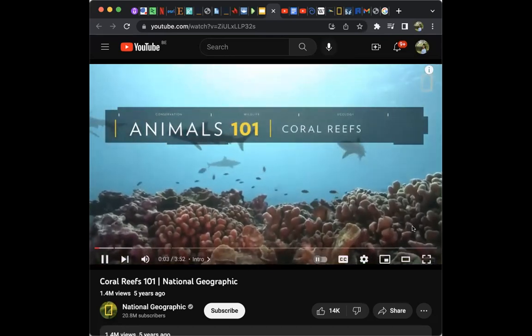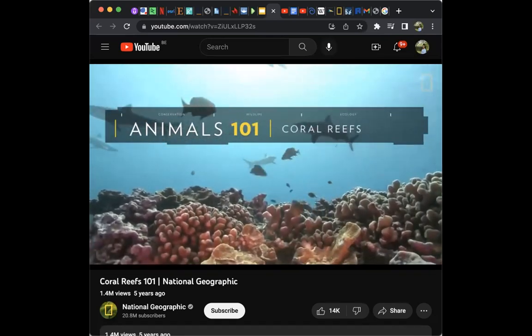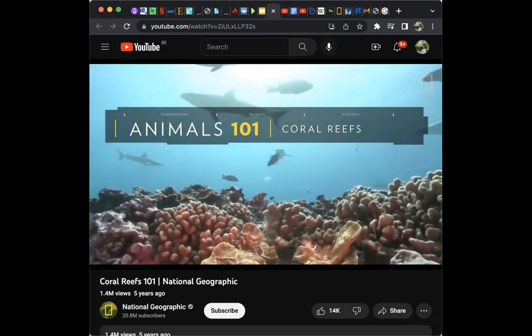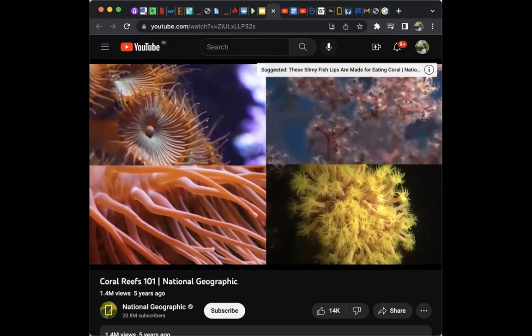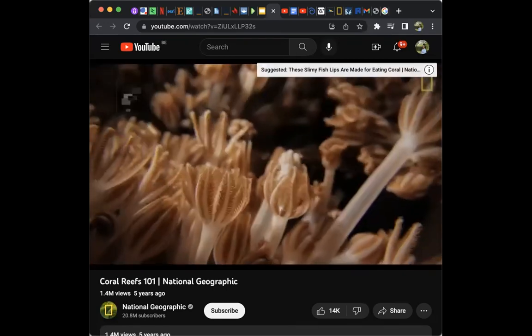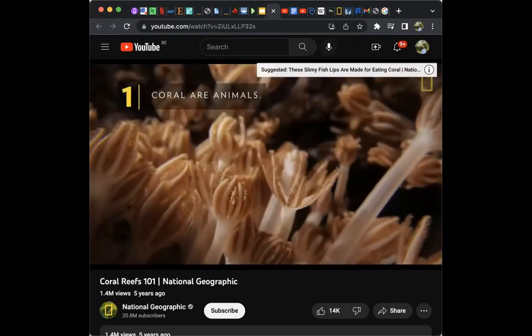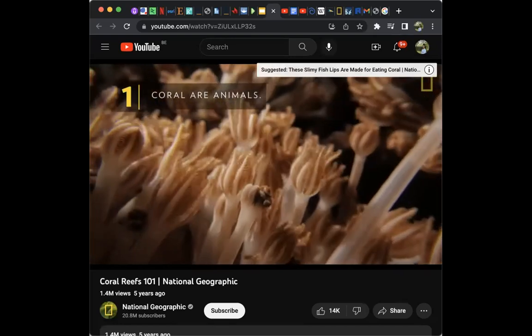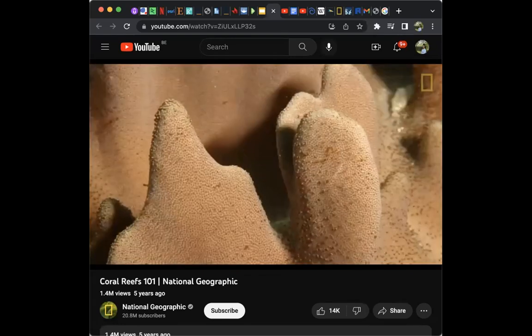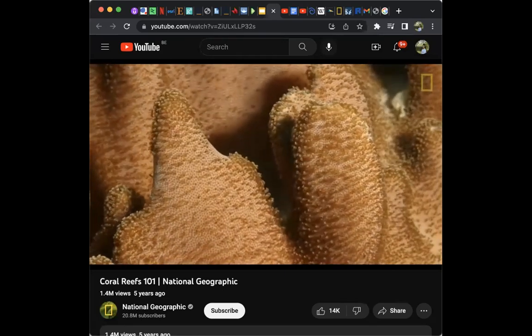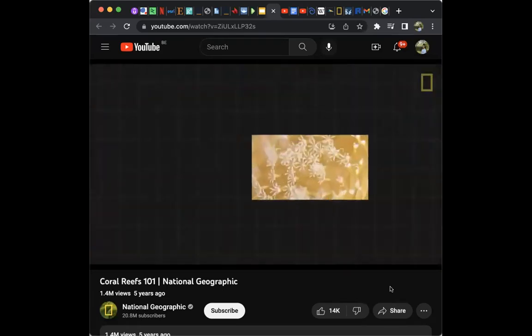Coral reefs. Their bright, vivid colors can be seen in tropical ocean waters around the globe. Beyond their brilliant appearance lies a hidden significance. Coral are animals. Though they may look like colorful plants, coral are in fact made up of tiny animals called polyps.